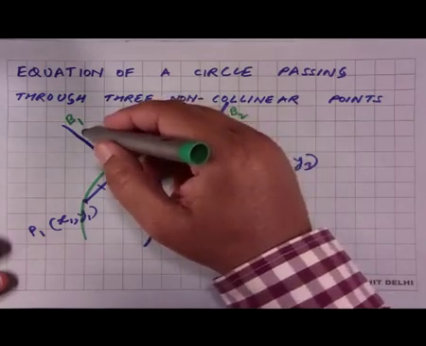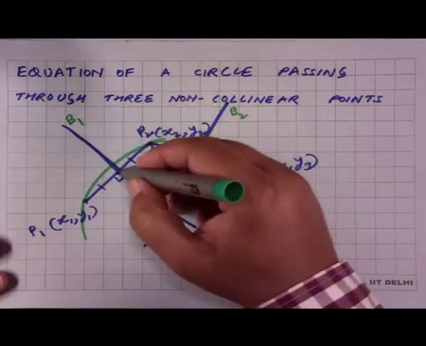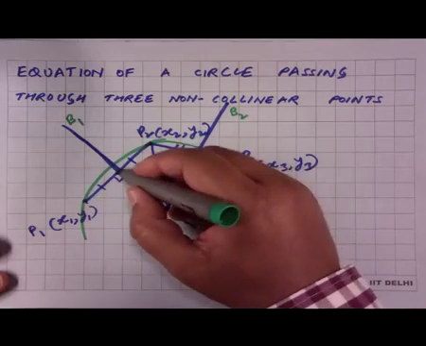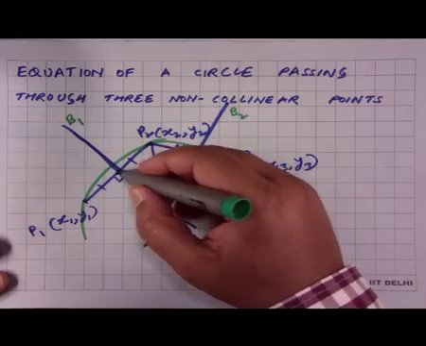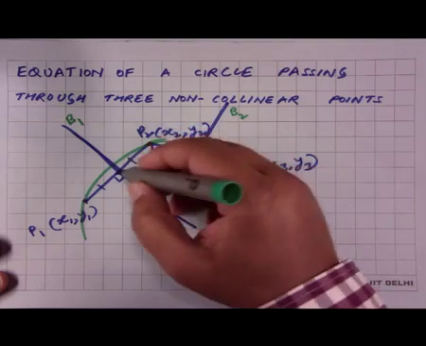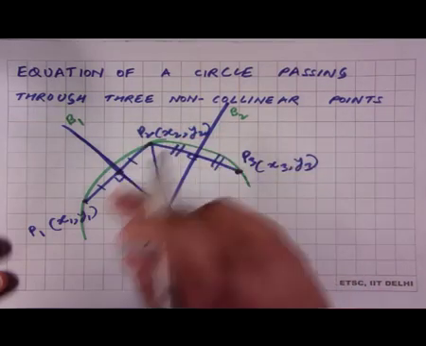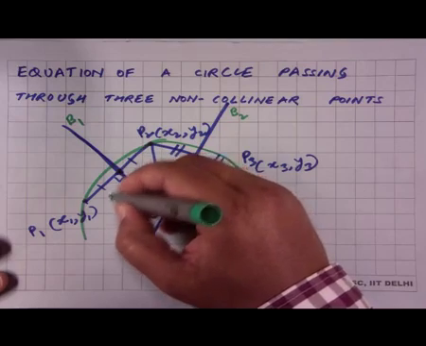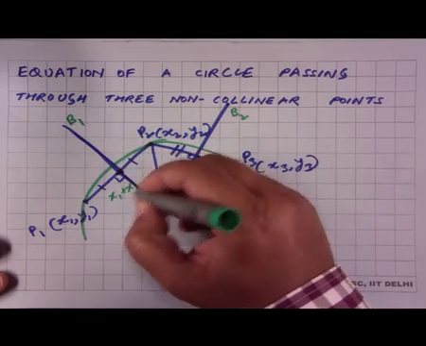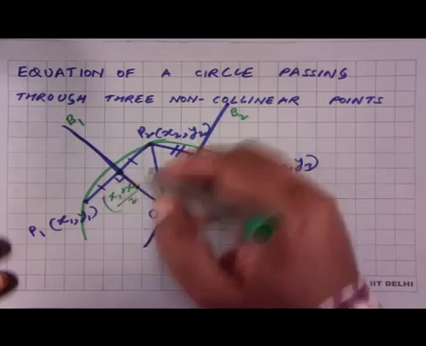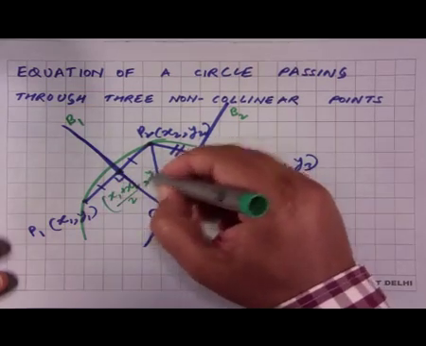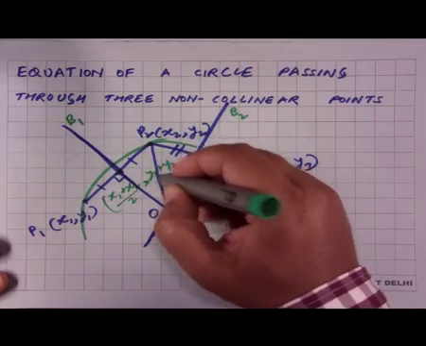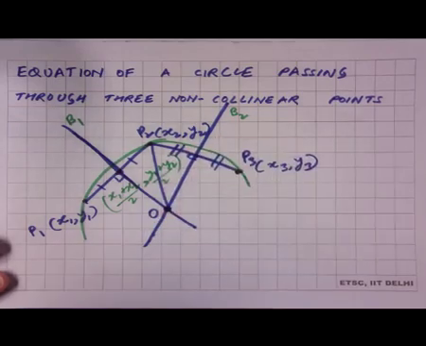So, this bisector B1 will pass through this midpoint of the chord, and the coordinates of the midpoint of this chord is x1 plus x2 over 2, y1 plus y2 over 2.